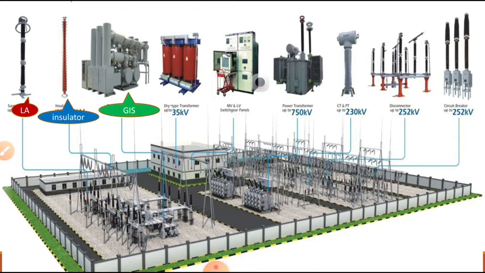Sometimes, whenever the area is very small, we can use special gas insulated substations, a compact type of substation, for the same purpose, that means the same functions as the outdoor substations.